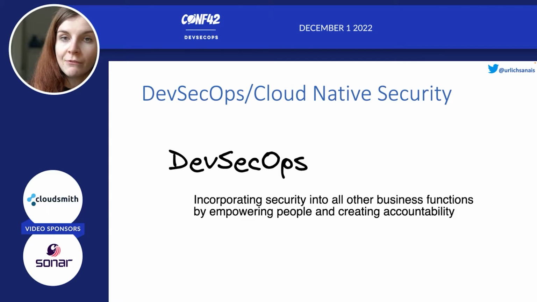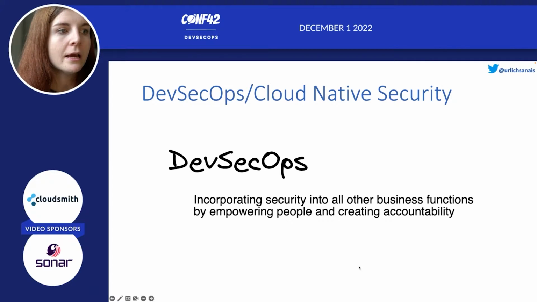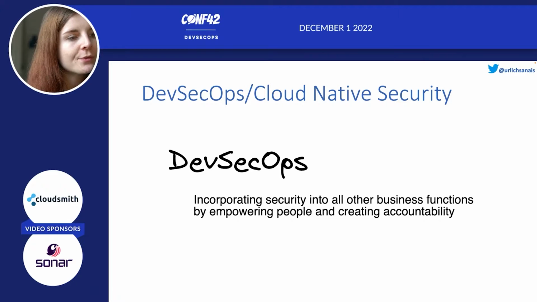And then when things go wrong, or when they go well, both ways, you can create accountability and have more productive conversations. It's not about finger pointing, it's about having more productive outcomes in the end. So that's what DevSecOps is all about to me, to really make things happen across the business by shared ownership.